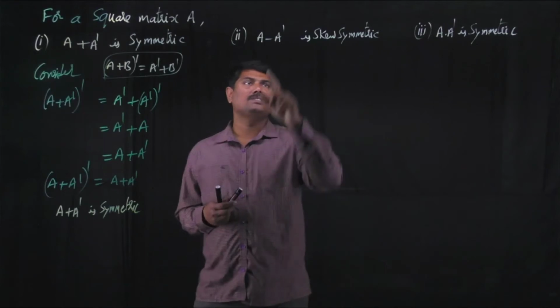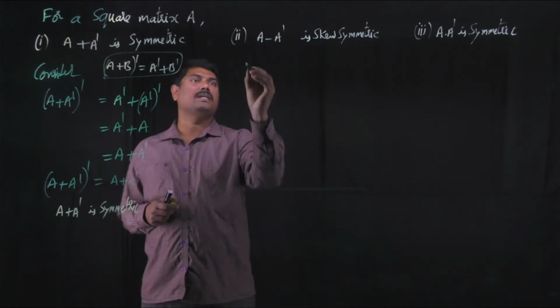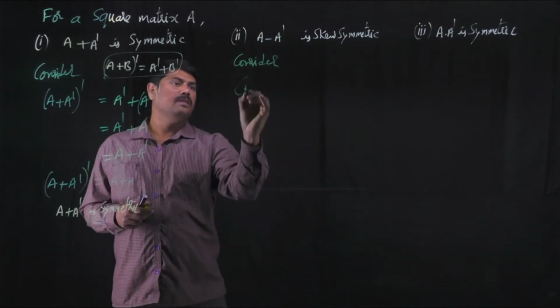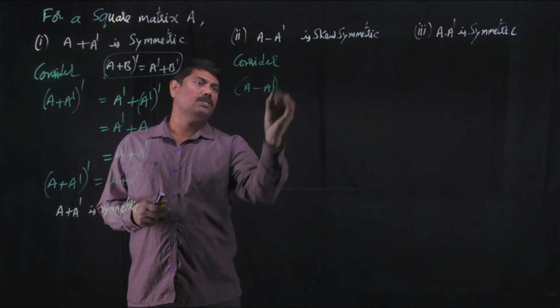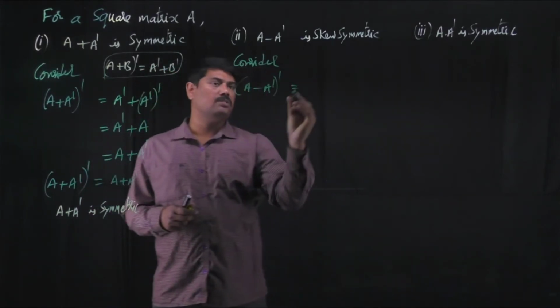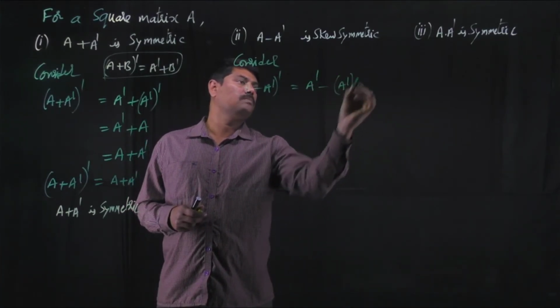So now let us do the second one. A minus A dash is a skew symmetric matrix. For that, consider A minus A dash whole dash. The property is similar for subtraction also. So you can write that as A dash minus A dash whole dash.